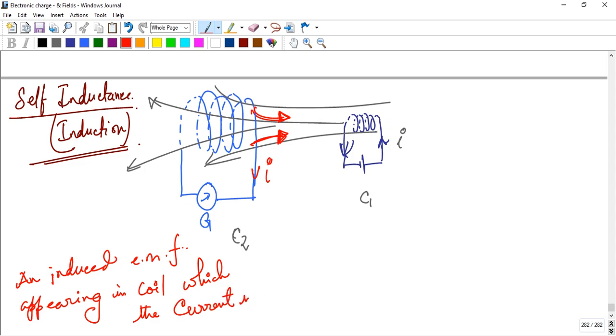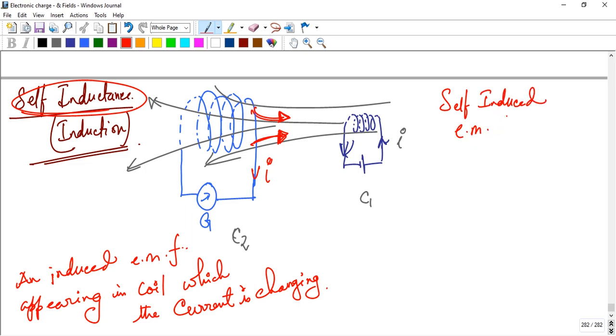Current is changing. So here is the self inductance, also called self induced EMF, or self induction.